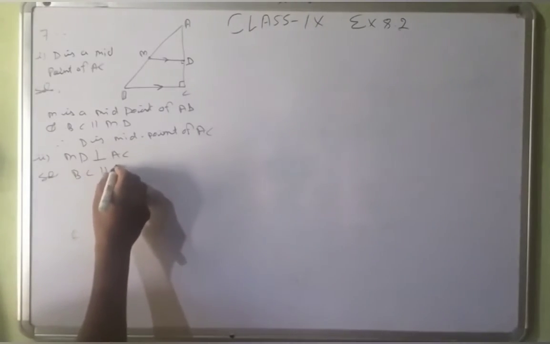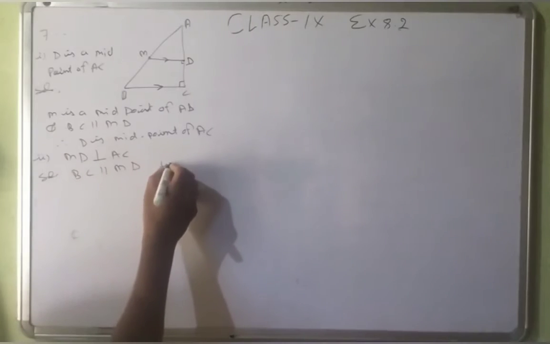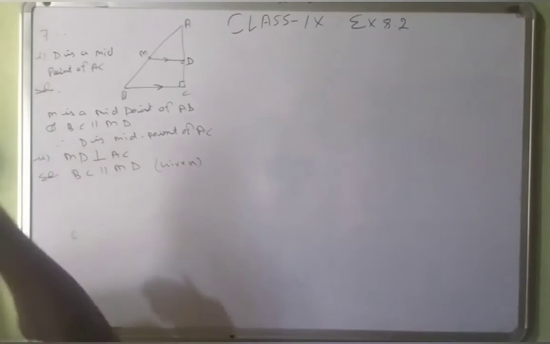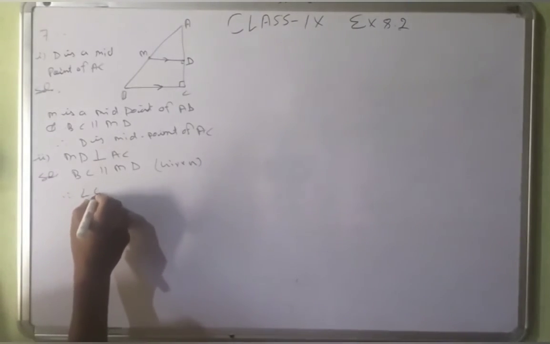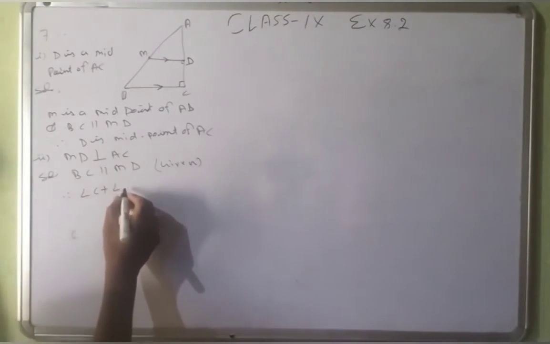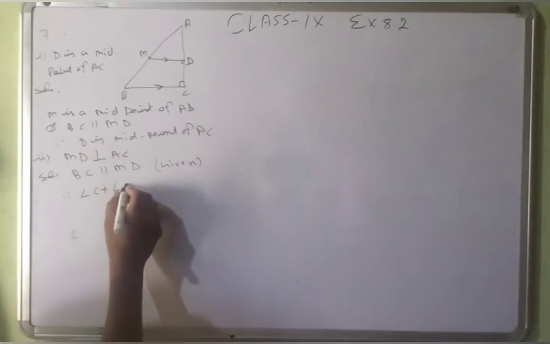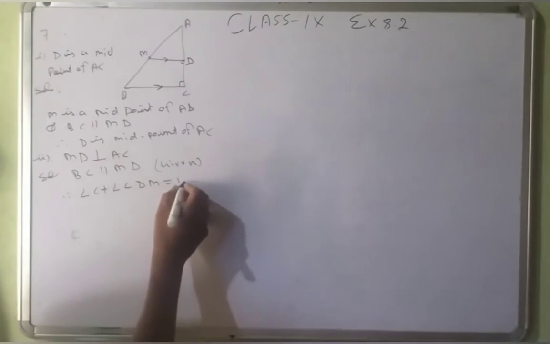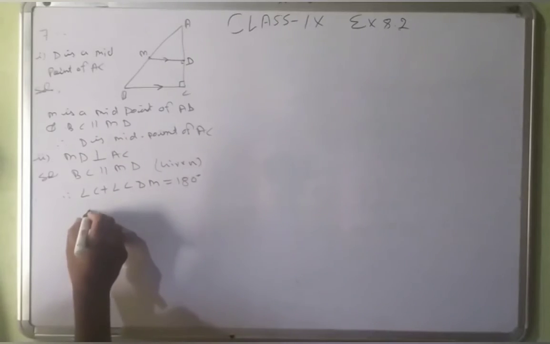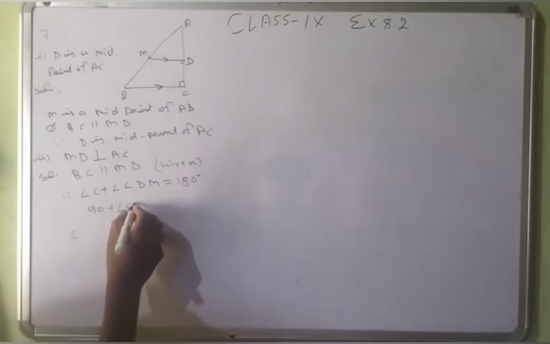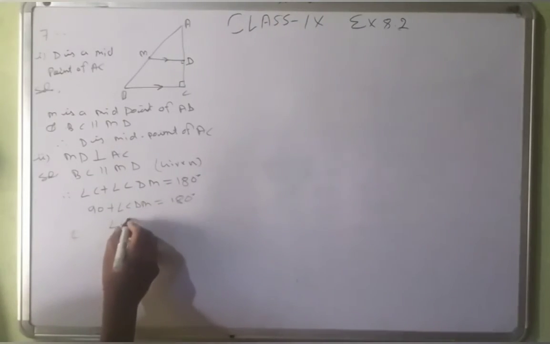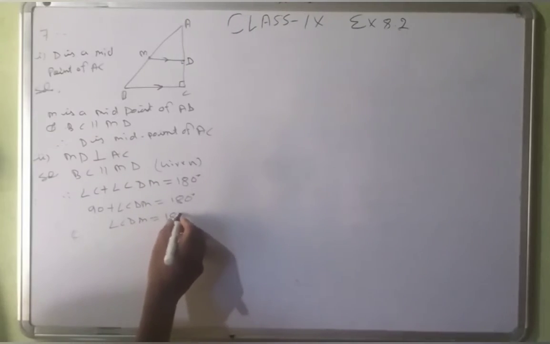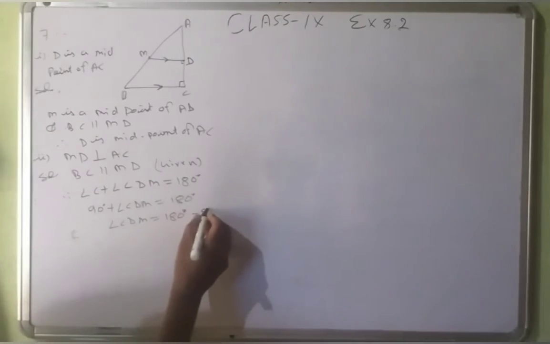BC is parallel to MD, that is given. So angle C plus angle CDM is equal to 180 degrees. Angle C is given as 90 degrees, so angle CDM is equal to 180 degrees minus 90 degrees.